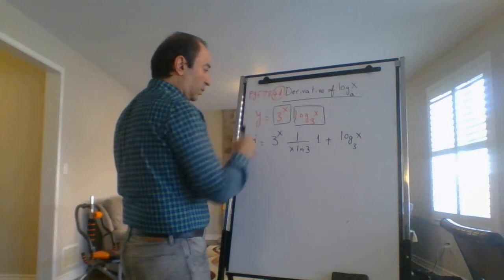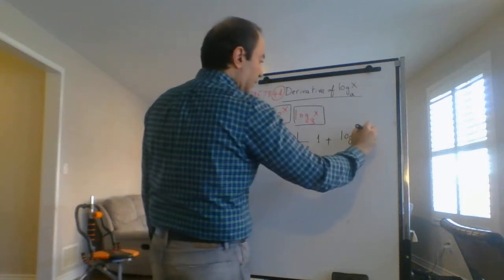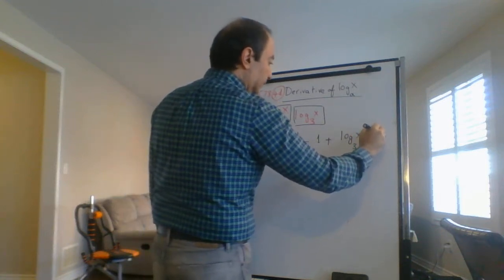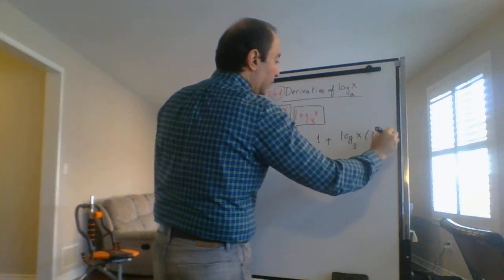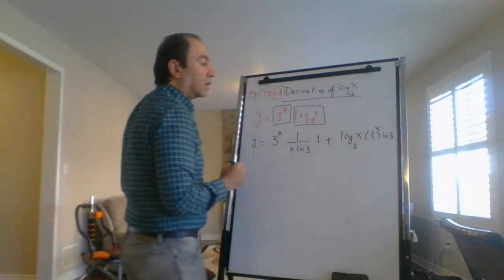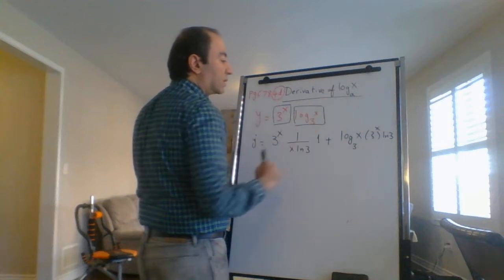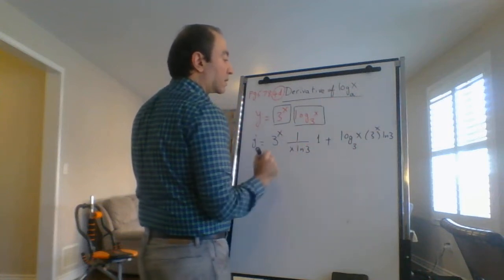Derivative of 3 to the power of x is 3 to the power of x ln 3 times the derivative of the function. If there is a function here, it's 1 because it is x.